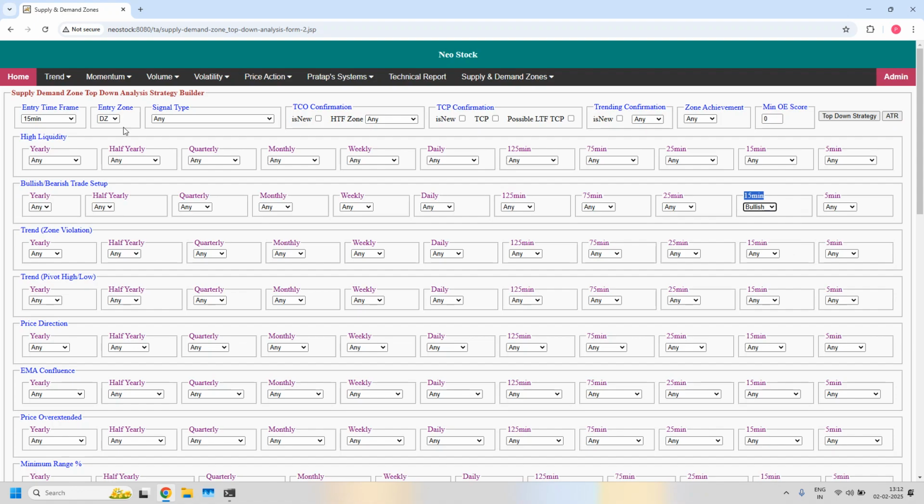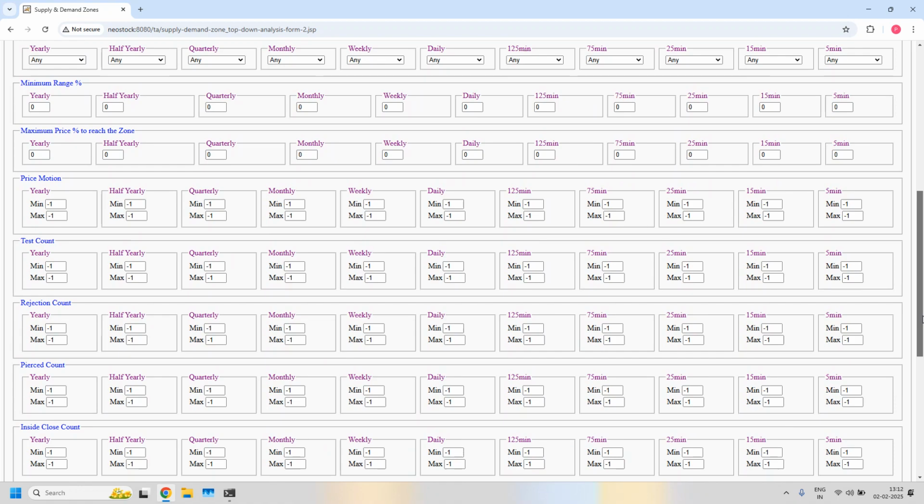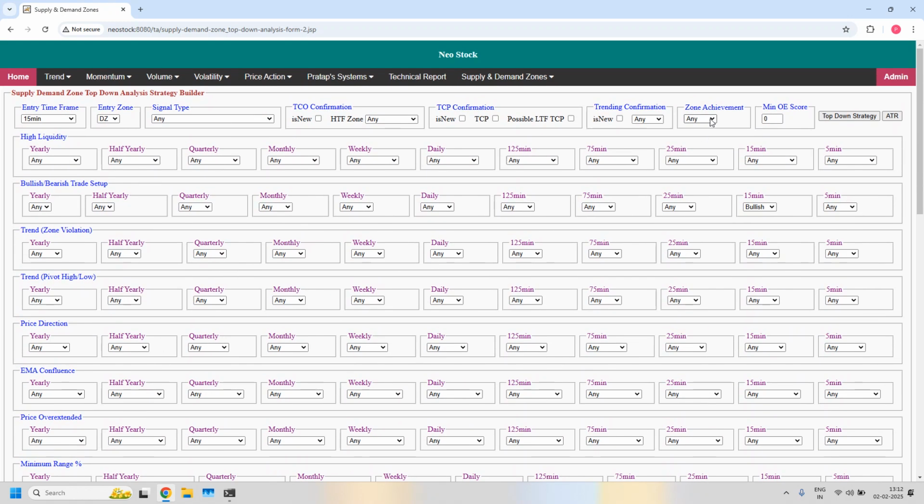Now for this 15 minutes demand zone, we should set 3 filters. First filter is that the 15 minutes demand zone should not be pierced. So that's why in the pierced count parameter at 15 minutes time frame, I am selecting minimum value 0, maximum value 0. That means the 15 minutes demand zone should not be pierced.